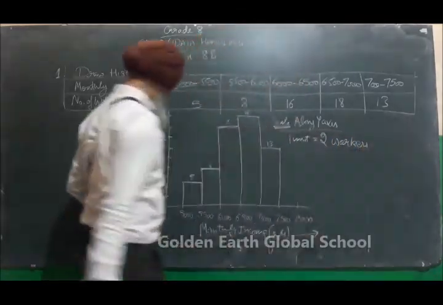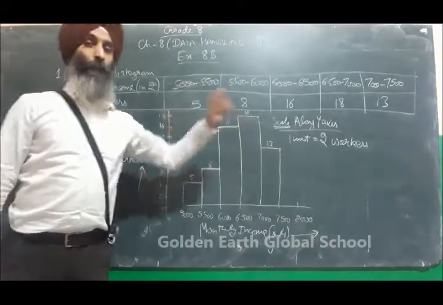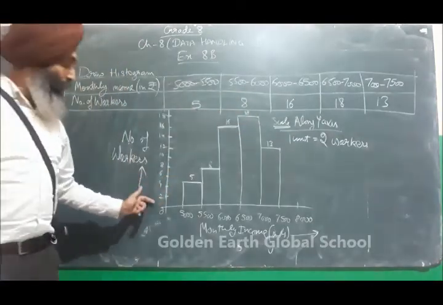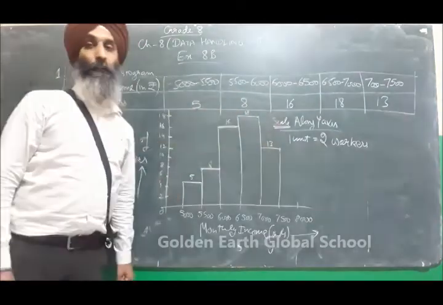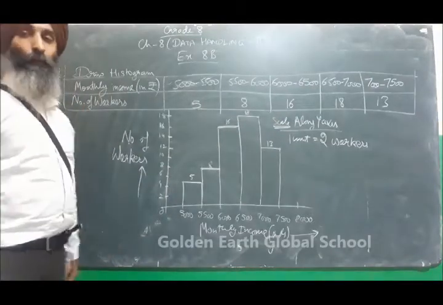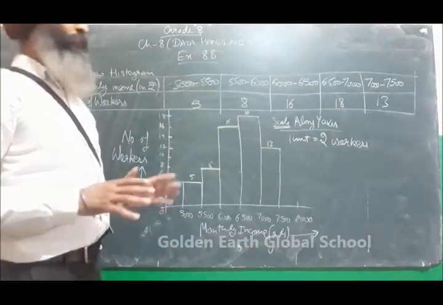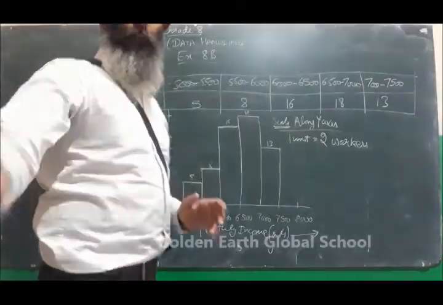If you take the table of 3, you can write 3 workers. If you take the table of 5, you can write 5 workers. Understood? So this is all about the first question in which you have to make the histogram.